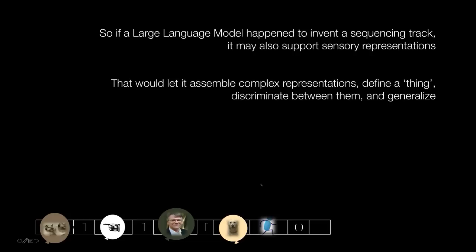Because what we think about are things, right? It retains all the information to do discrimination between them and do generalizations. So that fulfills Harnad's definition of what it takes to do cognition. And so I'm quite concerned that these large language models are accidentally going to stumble across a way to be doing cognition.